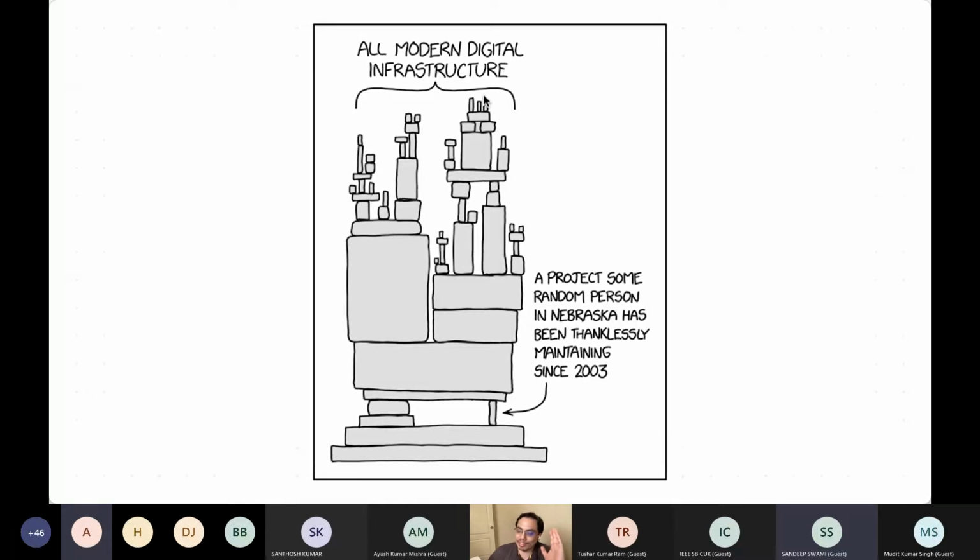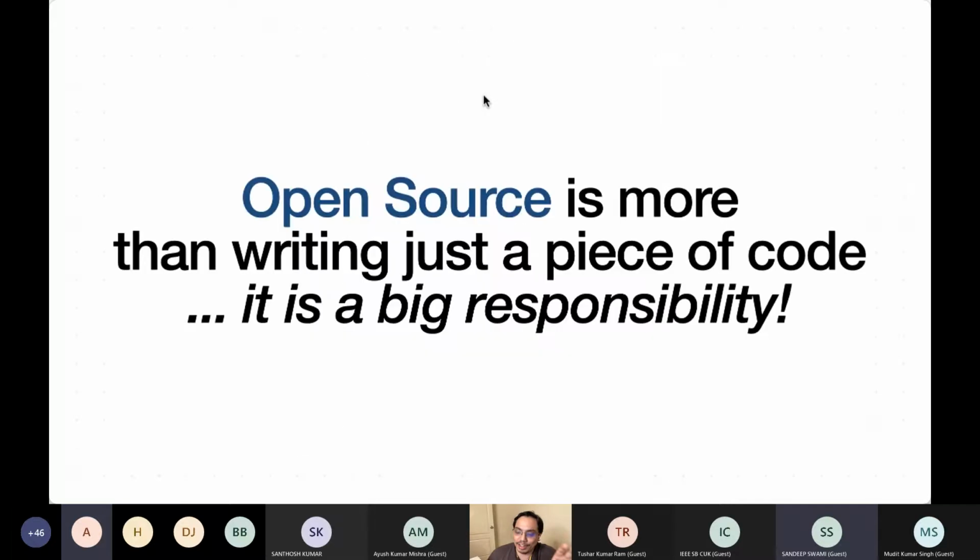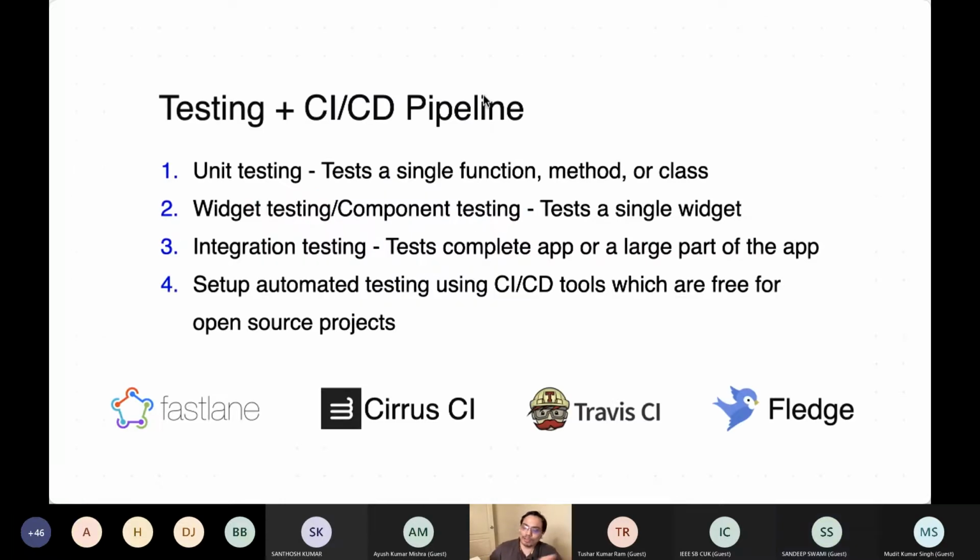There are packages, libraries, and toolkits built by a single person that are fueling today's modern digital infrastructure. So it is not just about writing a piece of code, it is actually a big responsibility. It's not just that you go ahead and publish your package. You have to.